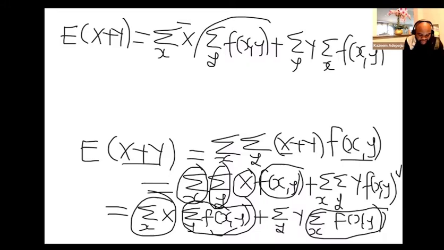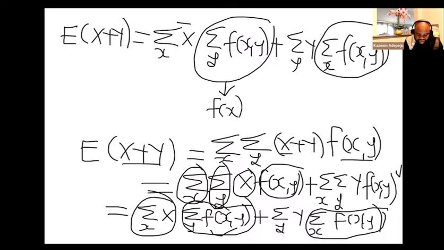Look at this guy, and look at this guy. This is basically f of x, right? Let's imagine this is basically f of y. Do you remember that I said when you sum a joint over the range of y, that is f of x? When you sum the joint over the range of x, that is f of y.